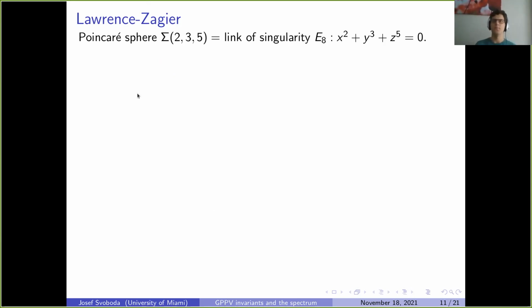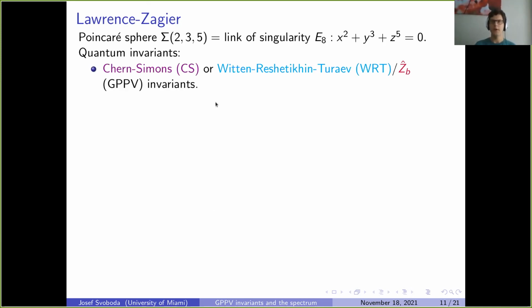So let's start with the Poincare sphere. We have quantum invariants. First of all, we have Chern-Simons: we can take SU2 bundles, take connections, and compute their Chern-Simons action. And then there is this more refined story of Witten, Reshetikhin, Turaev.